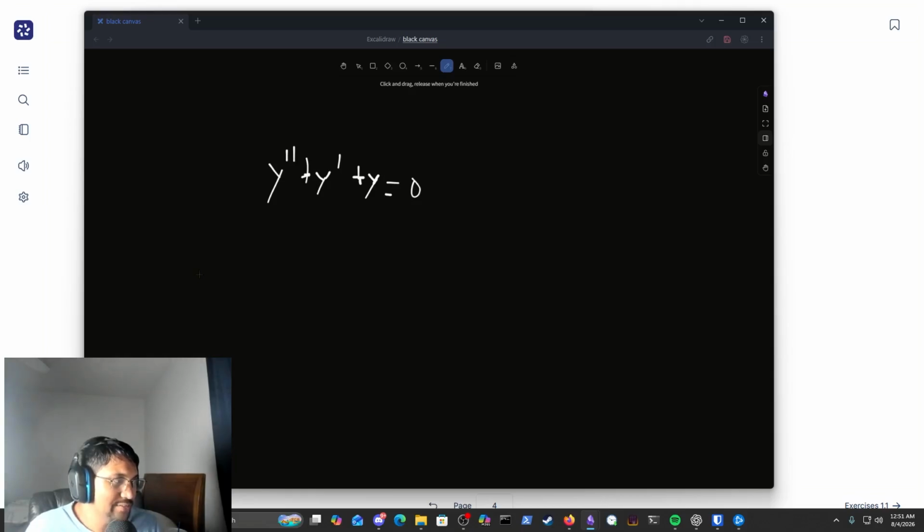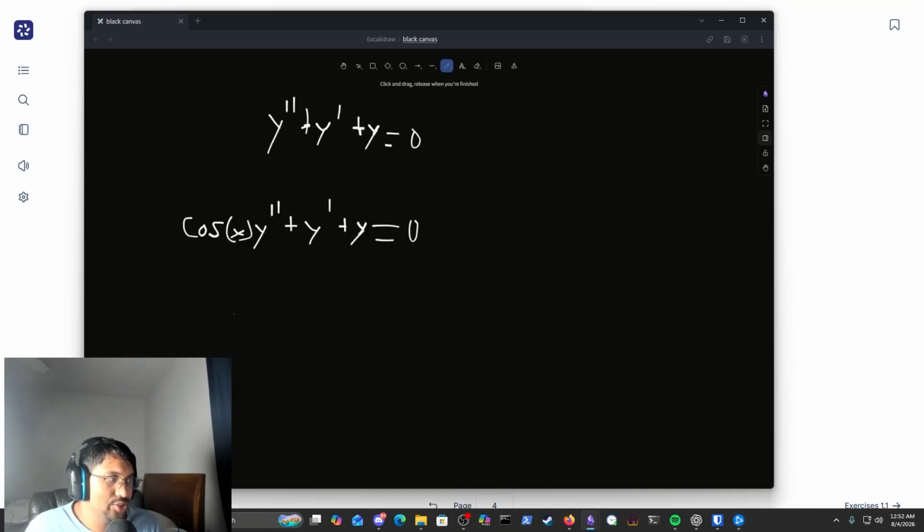So if we have, say, cosine of x times y prime prime plus y prime plus y equals 0, then to find out whether this is linear, we ask: is the function or the variable y, whatever it's intended to represent, having its contribution affected in a way that would be beyond a linear form? And we define linear as just being raised to a singular power.